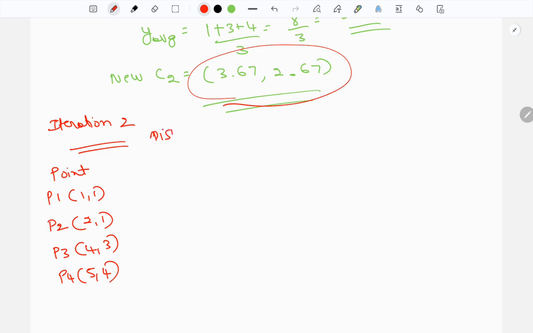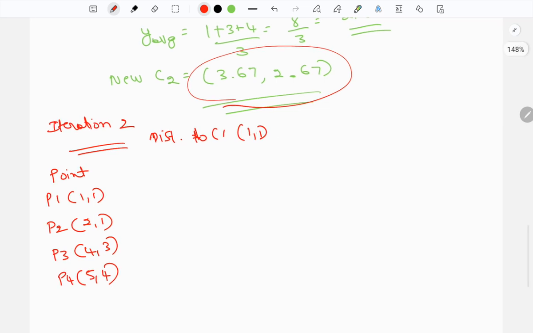So let me write distance to C1. What is the new C1? The new C1 is the same as the old C1, that is 1 comma 1. So the distance to C1 is 1 comma 1.